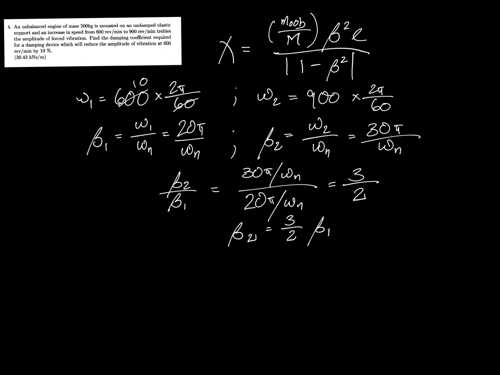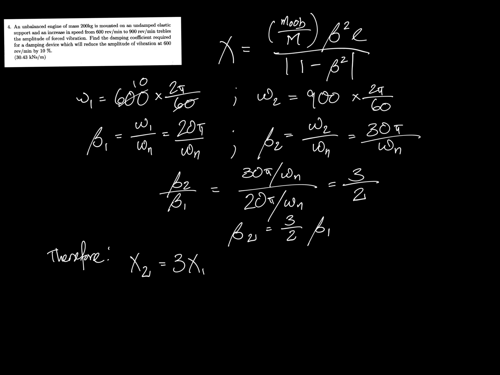Okay, so we have the amplitude that changes when we increase from 600 to 900 RPM. The amplitude X1, when we increase from 600 to 900 RPM.